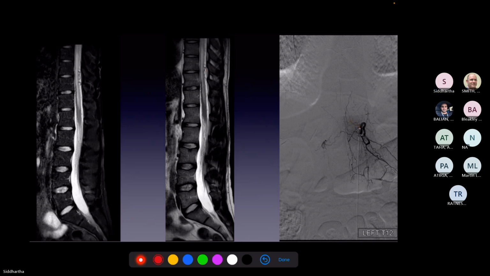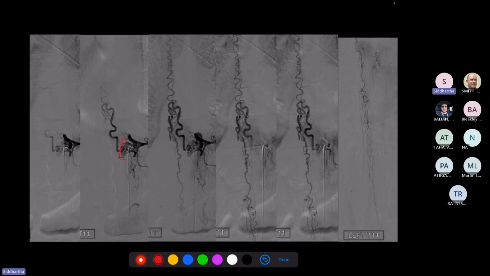Then we have this appearance of the T11 intercostal artery, where we could see a leash of vessels. This is probably on the nerve root sheath, and then you have the spinal vein coming in, going towards the midline, joining the cord, and then going all the way down.